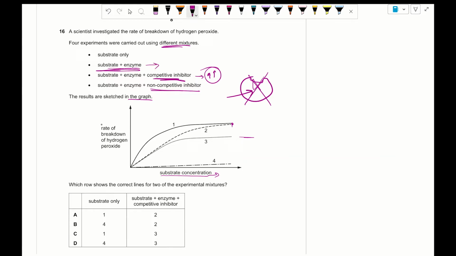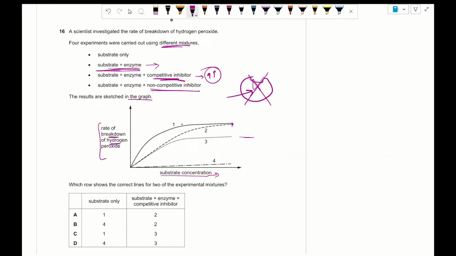Now, what does it mean when the rate of breakdown of hydrogen peroxide increases? So, the higher the rate of breakdown, that means that the reaction is taking place the most. So, the greatest rate of reaction between the substrate and enzyme has the highest rate of breakdown of hydrogen peroxide. So, it is normal for the greatest rate of breakdown of hydrogen peroxide to be the substrate plus enzyme only without the inhibitor.